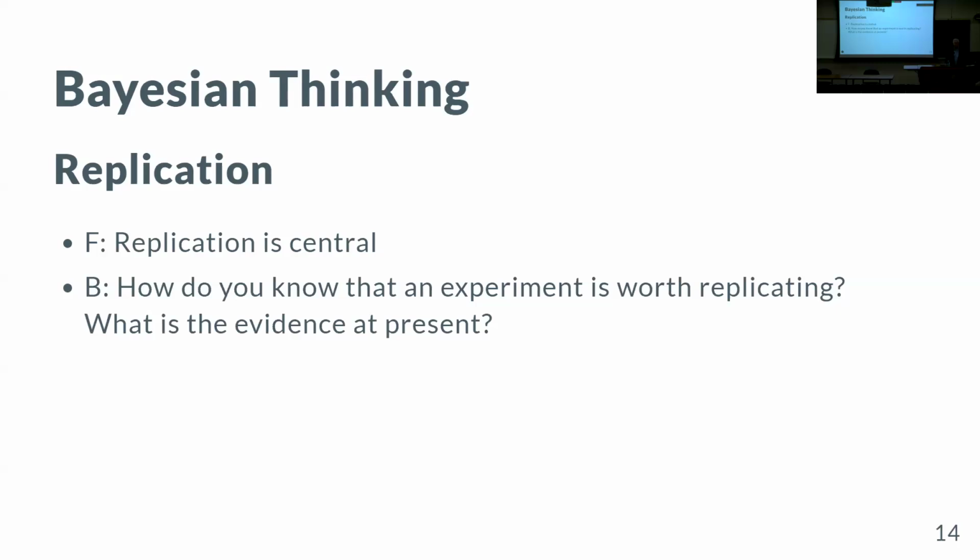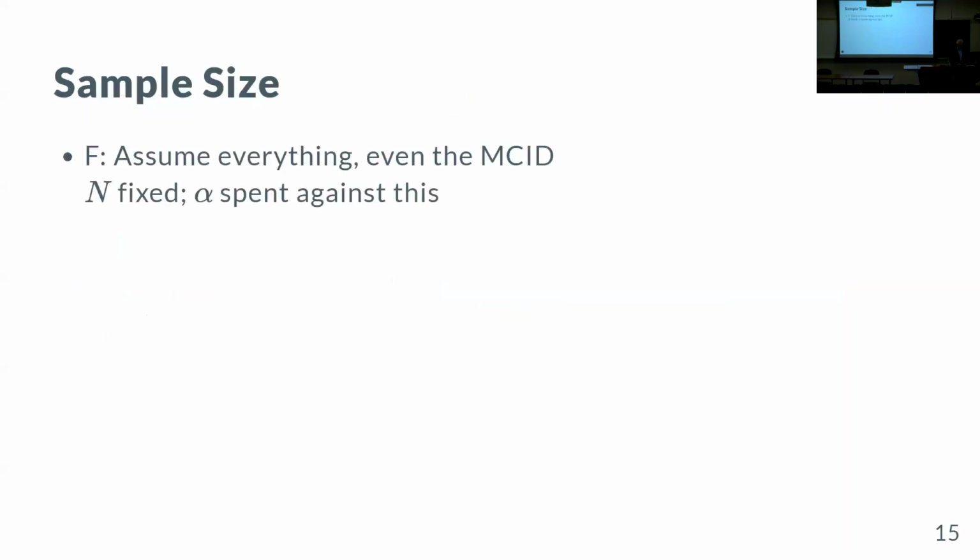Why is it worth the resources of replicating something where the treatment effect was not very good? We can't just replicate things. They cost money and time. So you need evidence before you try to replicate something. So how do we judge what we have now before we have repeated sampling? Bayes is all about that.